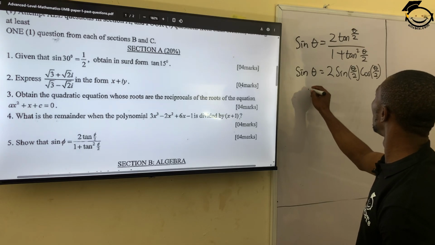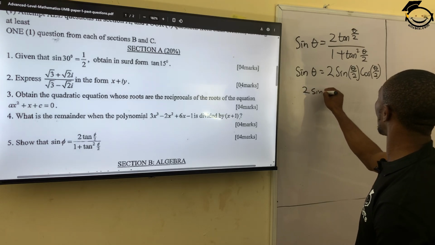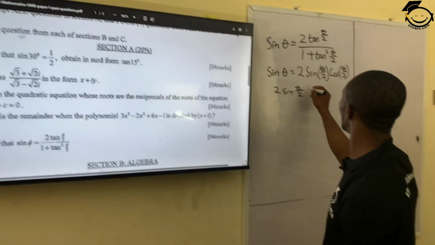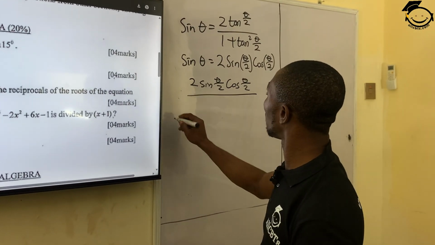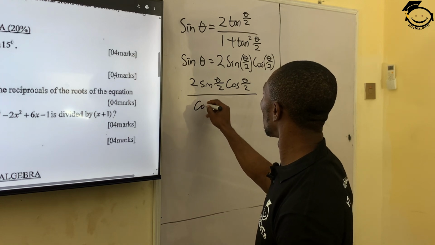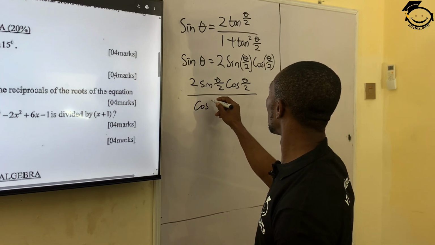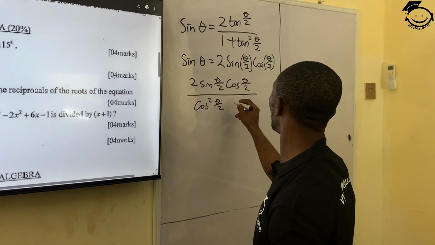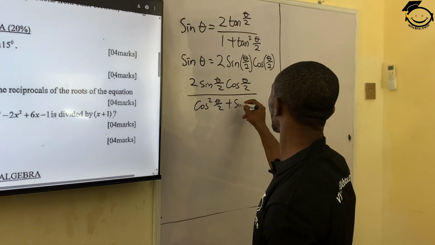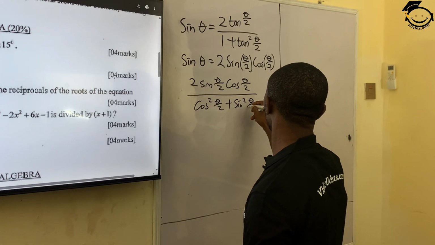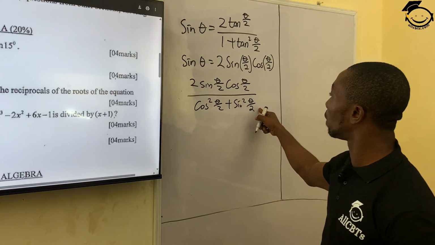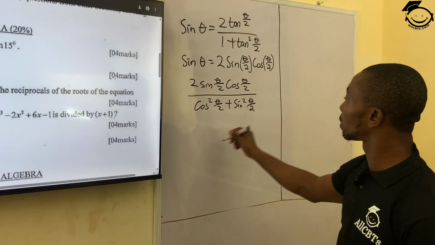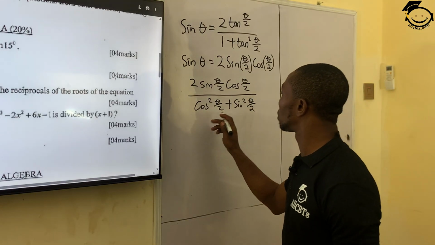This will become 2 sine theta over 2 cos theta over 2 divided by cos squared theta over 2 plus sine squared theta over 2. Now divide both numerator and denominator with cos squared theta over 2.